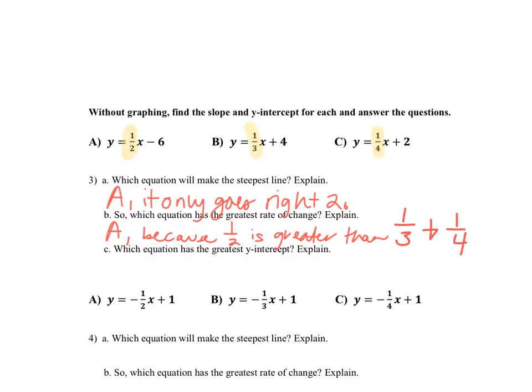So 1/2 is a bigger number than 1/3 and 1/4, and because of that, it's going to make a steeper line, and so it's changing quicker. I agree. So whenever we're ready, why is it B? Because 4 is greater than 2 and -6. Great.